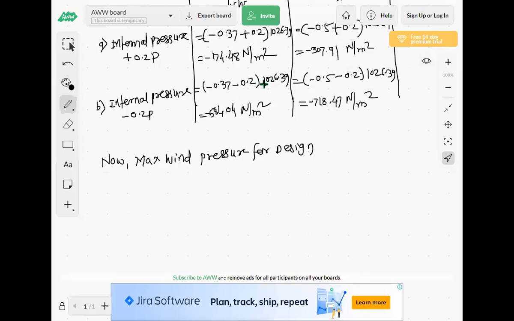So out of 8, these 4 plus 90 degree for wind normal to ridge, that 4. So 4 plus 4. Out of this 8, which one is maximum? Which is the maximum wind pressure among the 8?